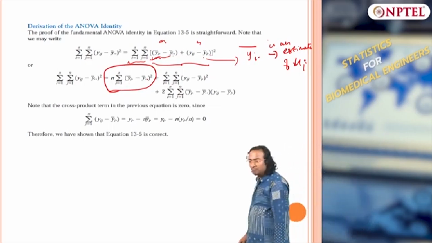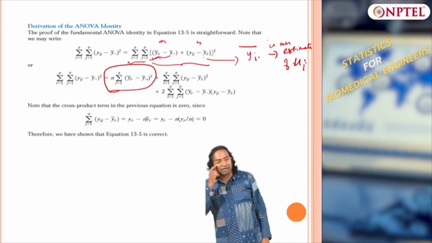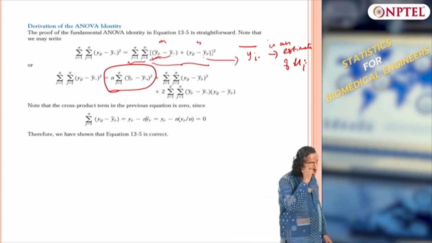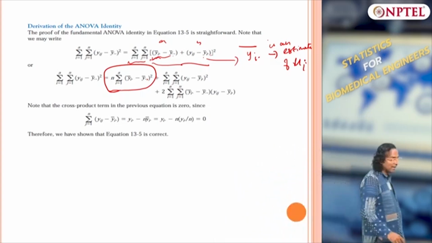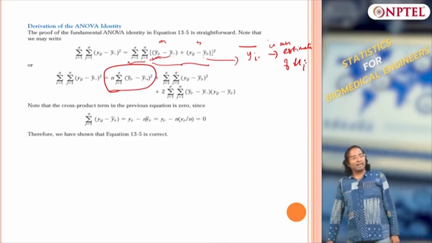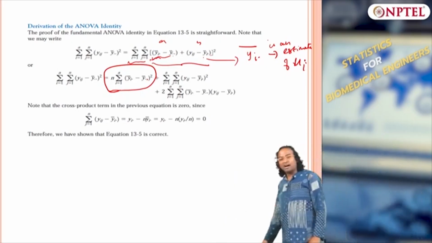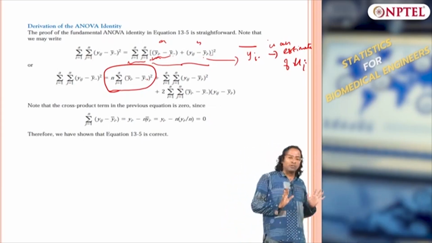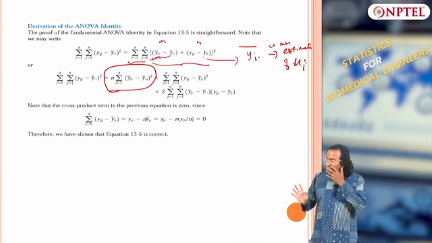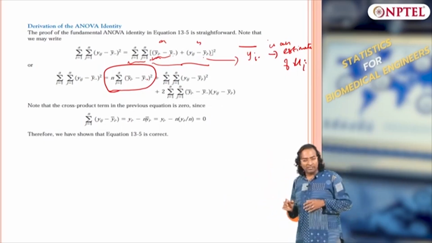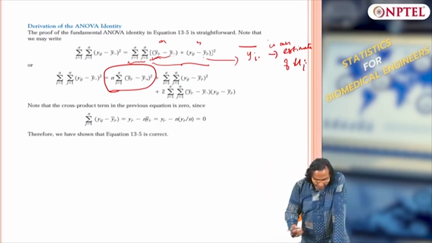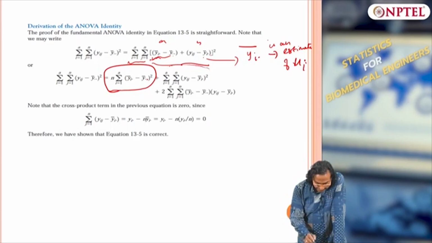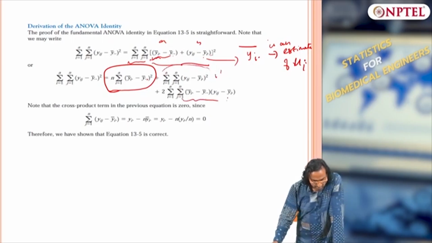This is nothing but my a squared. I took the overall grand variance, added and subtracted the estimate of the ith treatment mean, and then did an expansion. So the first term is clear. The second term I did not simplify because it has both i and j axes. So I kept it as such; this is b square and this is 2ab.